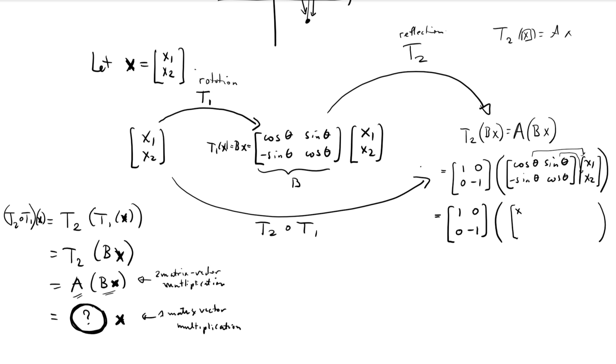I'll get x1 cosine theta plus x2 sine theta. So that's the first entry of this vector. And then here, this is going to be minus x1 sine plus x2 cosine, again by multiplying the second row of matrix B against the vector x.